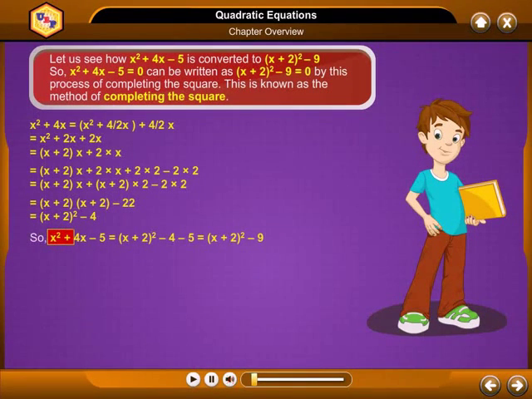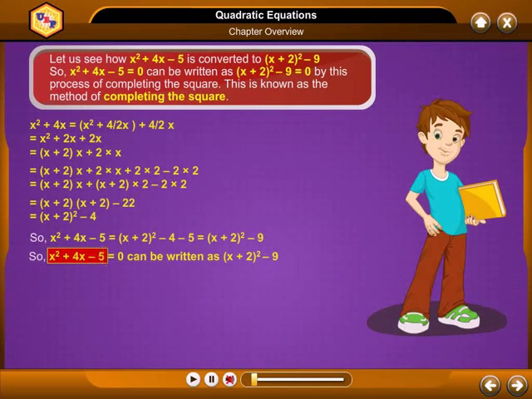So, x² + 4x − 5 = (x + 2)² − 4 − 5 = (x + 2)² − 9.